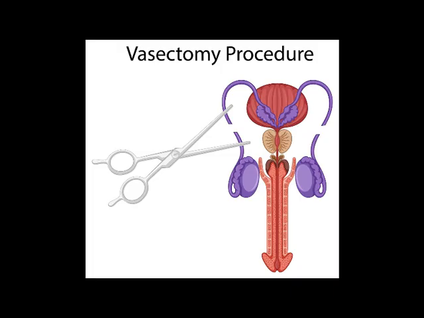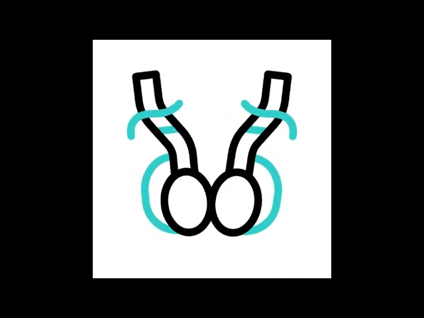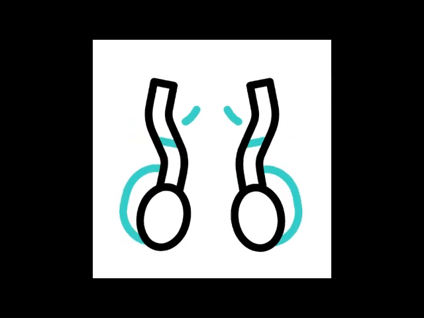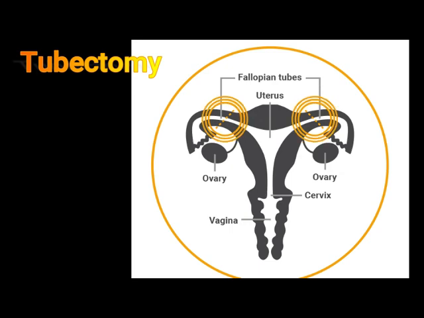You know there is a small tube from which the sperms come out. The vas deferens is a tube. It is cut at both ends and then ligated so that the sperms can't come out of the penis. Tubectomy is a surgical procedure performed in females. It involves removal of a small portion of the fallopian tube or oviduct by surgical operation.